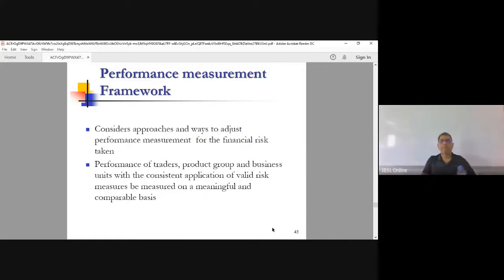So, performance management, measurement framework. Now this is an interesting thing. You can ask, what does performance management, or basically the HR way of looking at performance, how does that impact the asset and liability management of a firm? Can somebody answer that?